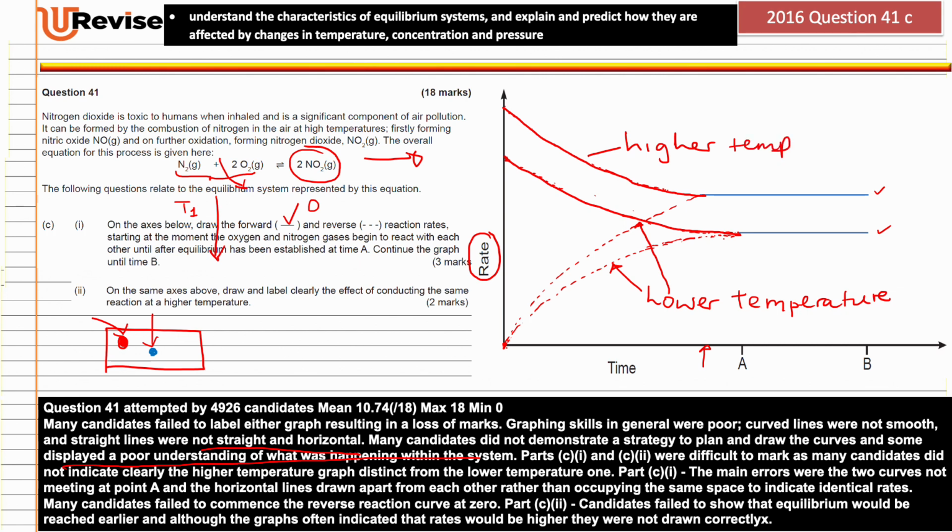Let's look at my labeling here. It's not the best because it's showing lower temperature for that one. I need to label this lower temperature, and this one is the higher temperature graph.